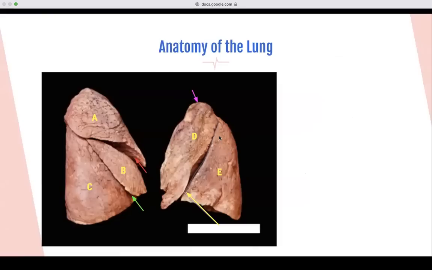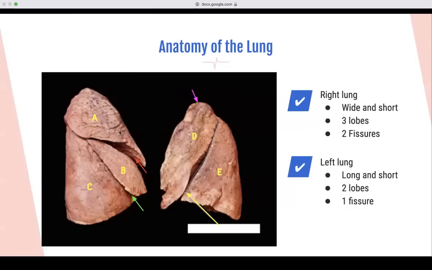So let's start with A. Right lung, left lung. Do you guys know what A is? Identify A. Superior lobe of which lung? The right lung.